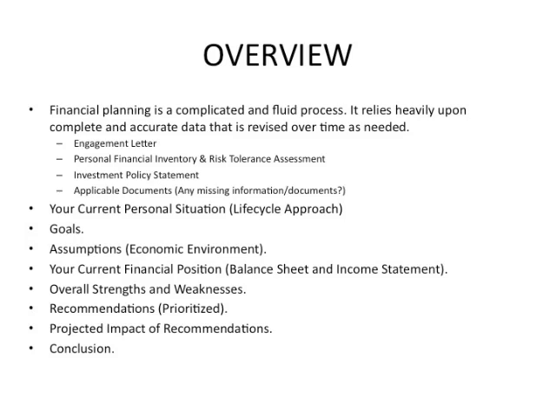And as you can see over here, I have your client file, and in there I keep the engagement letter, which you had signed previously. I have your personal financial inventory and risk tolerance assessment. I have a prepared investment policy statement that we're going to need to do a little bit more work on after we talk today, and applicable documents that we need to do this planning process.